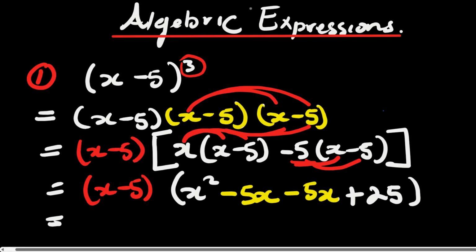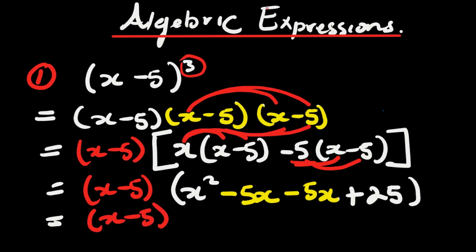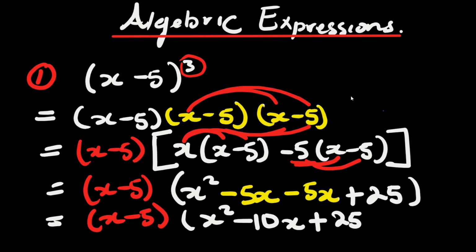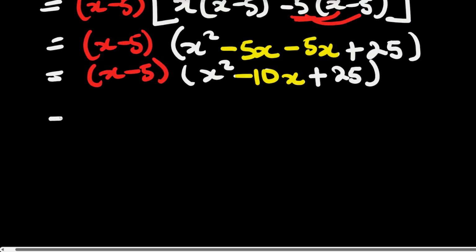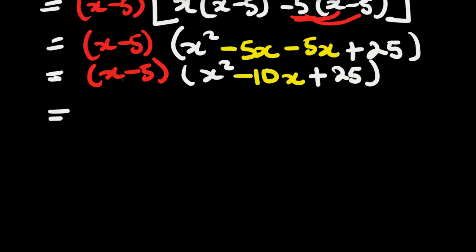So our next step is to keep x minus 5 as it is. Now here it's x squared minus 10x plus 25 inside the bracket, just like that. Then from here, the procedure is still the same. We know that x will multiply the x squared, the 10x, and the 25.